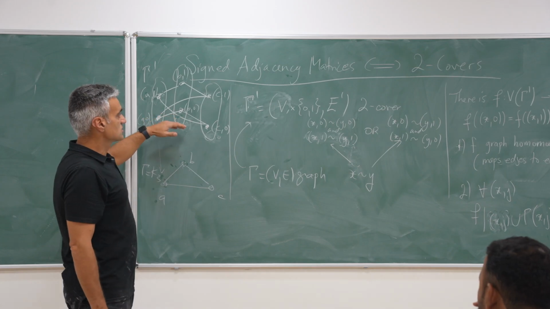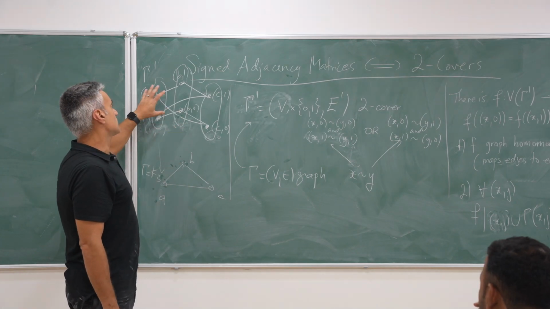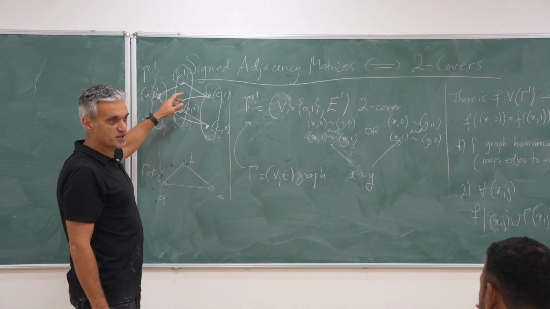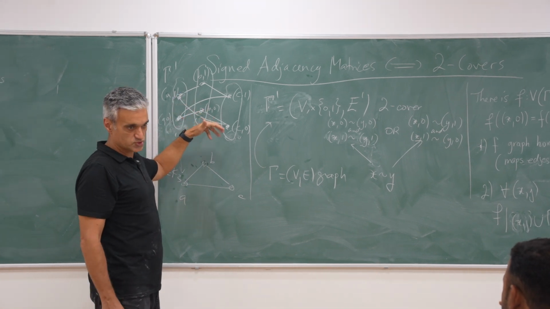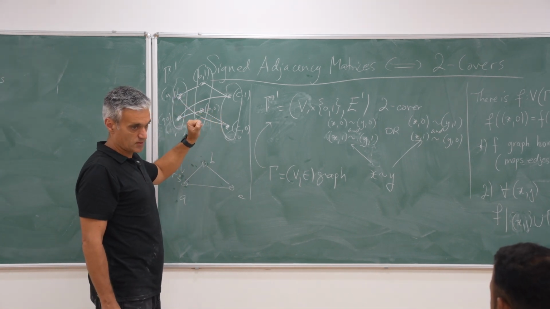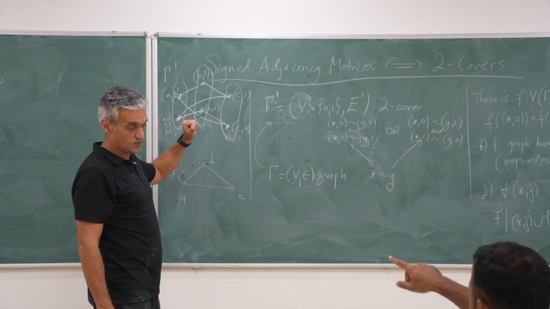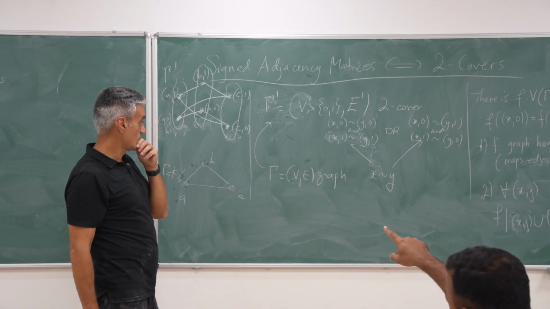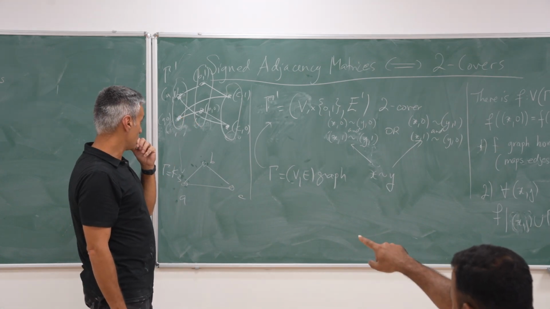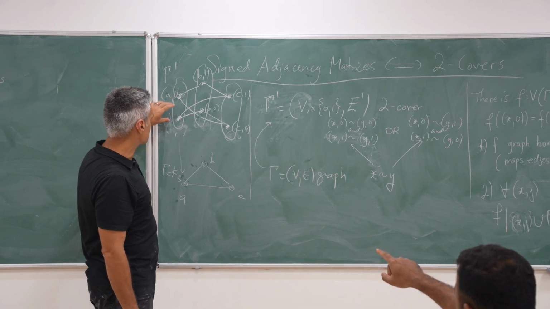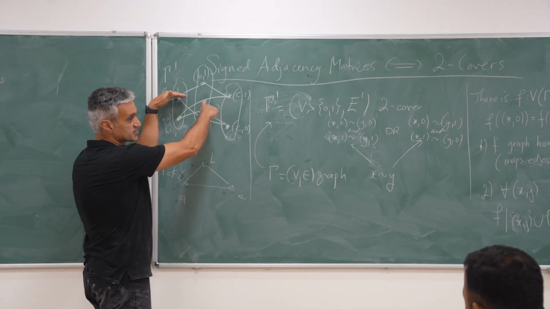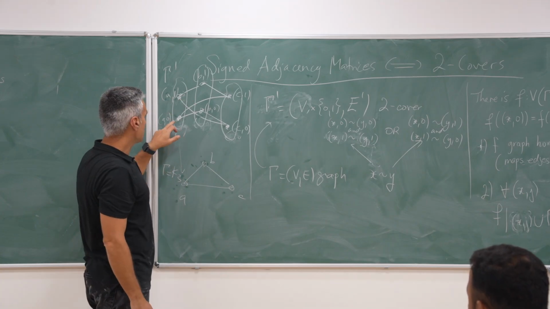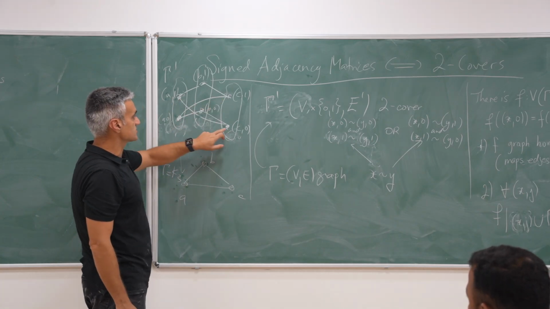For each edge you make a choice whether to keep the edges parallel or to cross them. In this picture, A0 is connected to C1: for this edge AC, you decided to cross them. So A0 is connected to C1, and A1 is connected to C0.